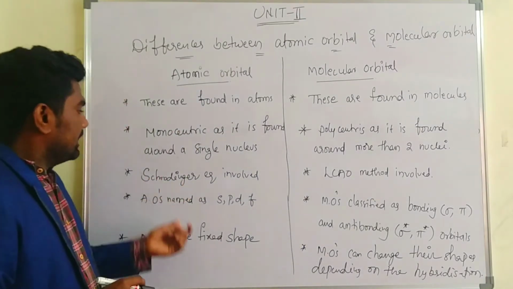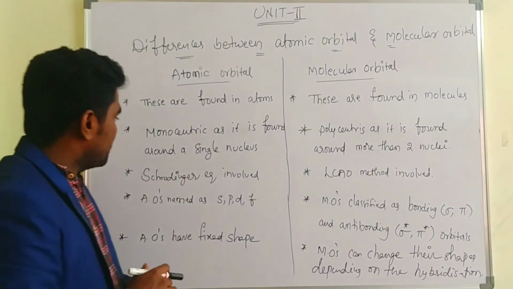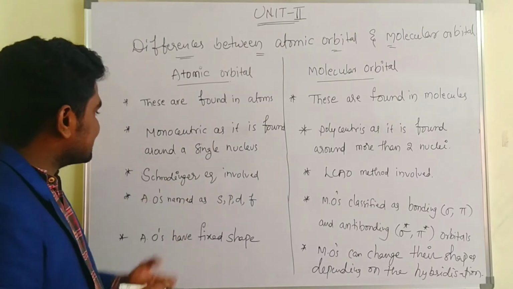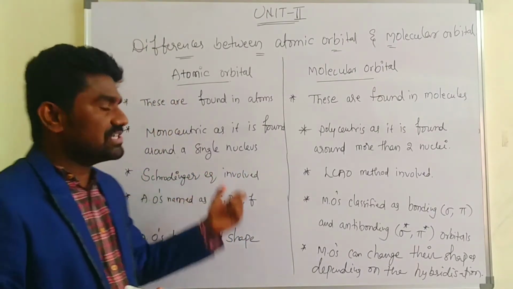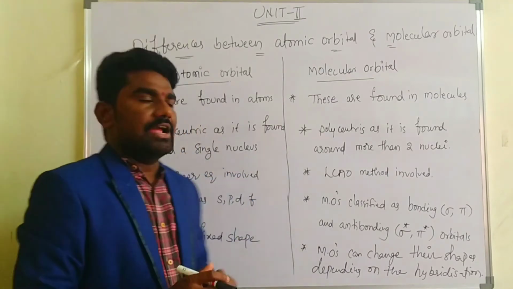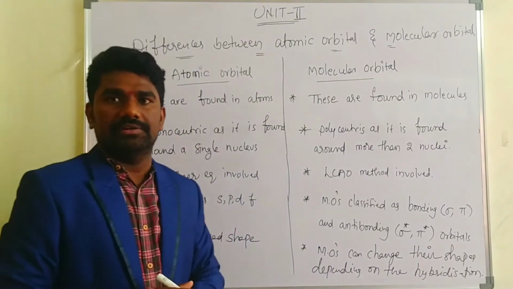The next point: in the atomic orbital formation, the Schrodinger equation is involved.